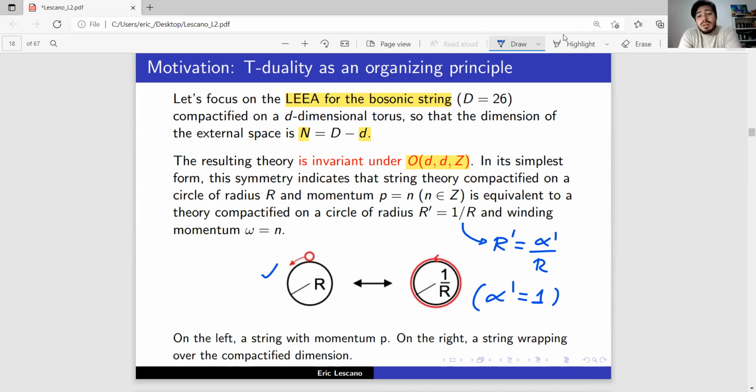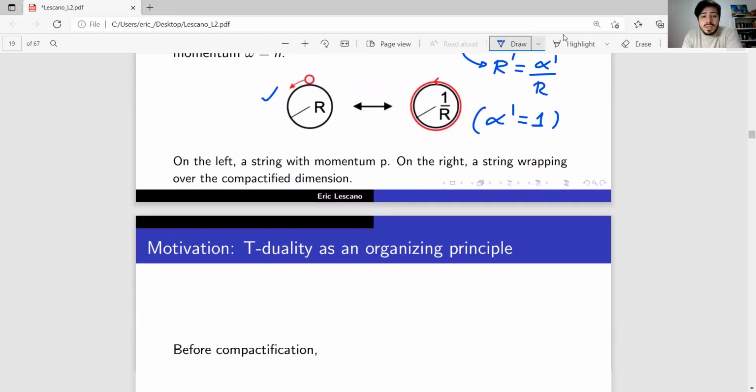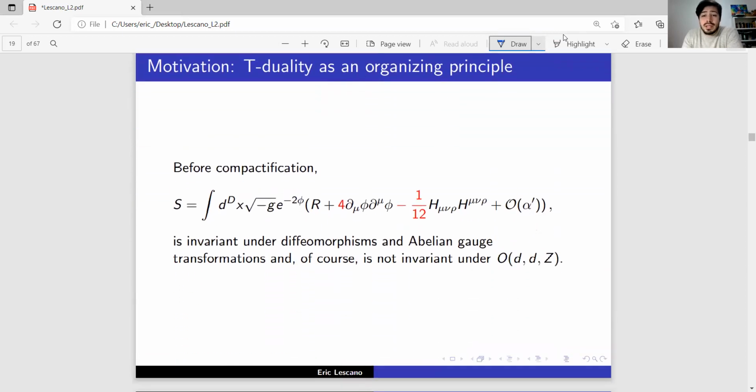So on the left, we have a string with momentum p, and on the right, we have a string wrapping over the compactified dimension. This is the simplest case, just the circle, but it's good to understand the duality. So before compactification, we are dealing with this Lagrangian, and this Lagrangian is invariant under infinitesimal diffeomorphisms and abelian gauge transformations.